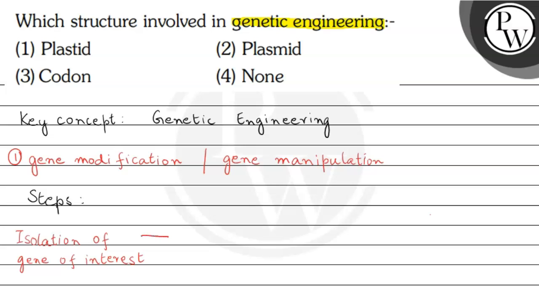Then this isolated gene of interest needs to be inserted into a vector so that this vector can then transmit the gene into the host organism. So the host organism is now a recombinant because, along with its own DNA, it has a foreign DNA, which is the gene of our interest. In this way, we can modify the gene of an organism depending upon our own needs.